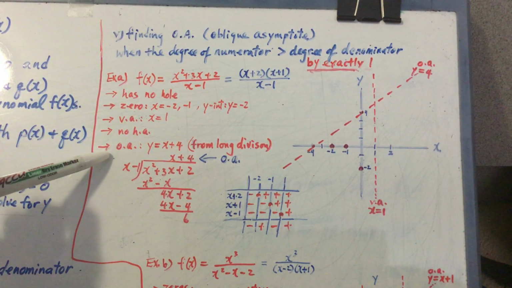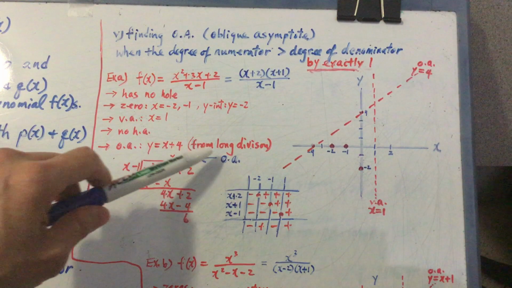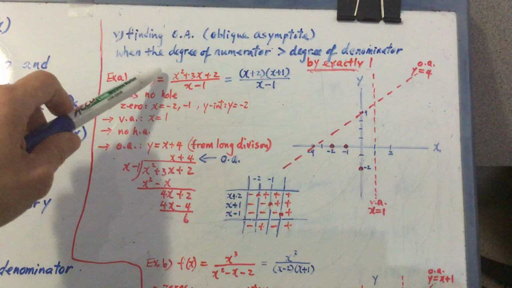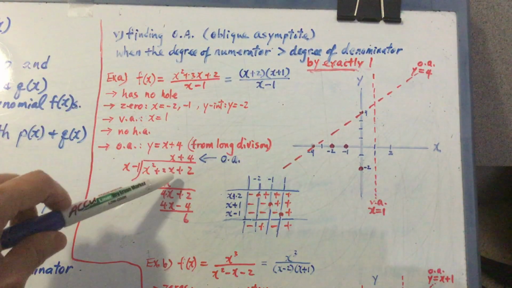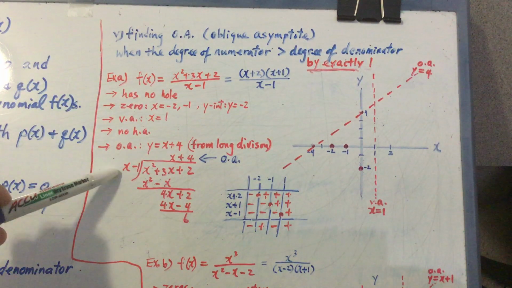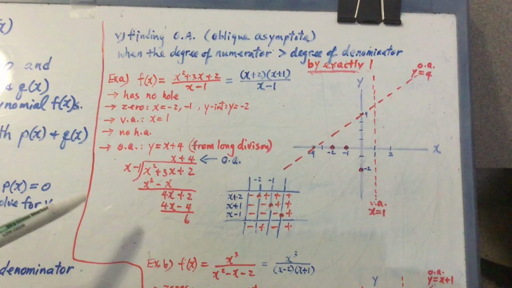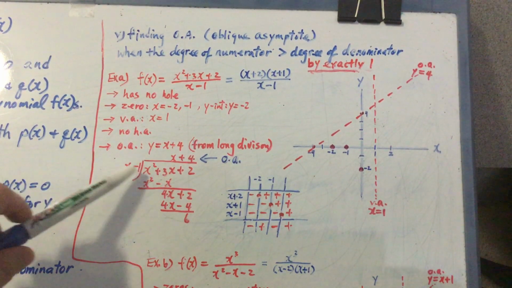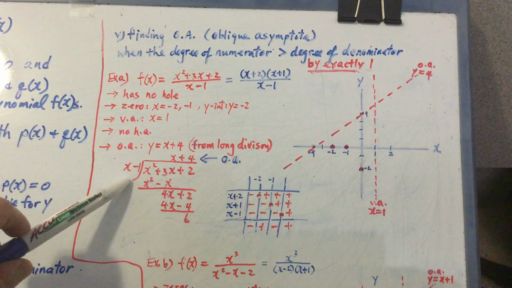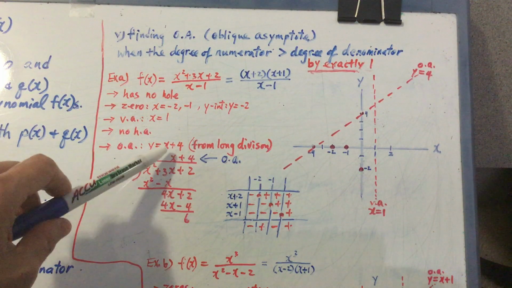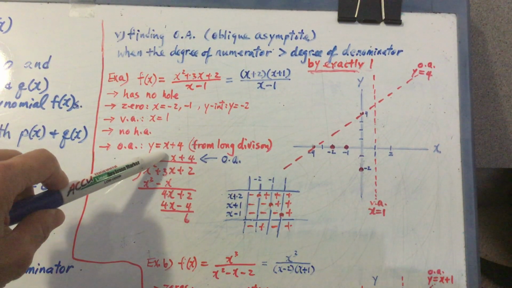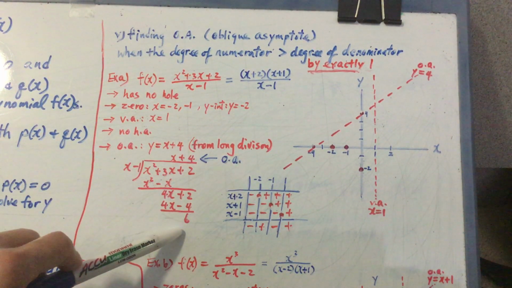So how do I get the oblique asymptote? Well, we need to use the long division method. Take the numerator divided by the denominator using long division, no synthetic. When you divide this, you will get a quotient of x plus 4. What happened to the remainder?